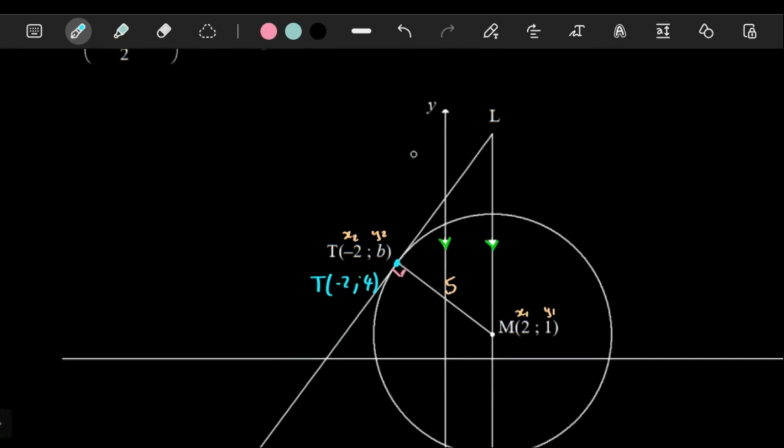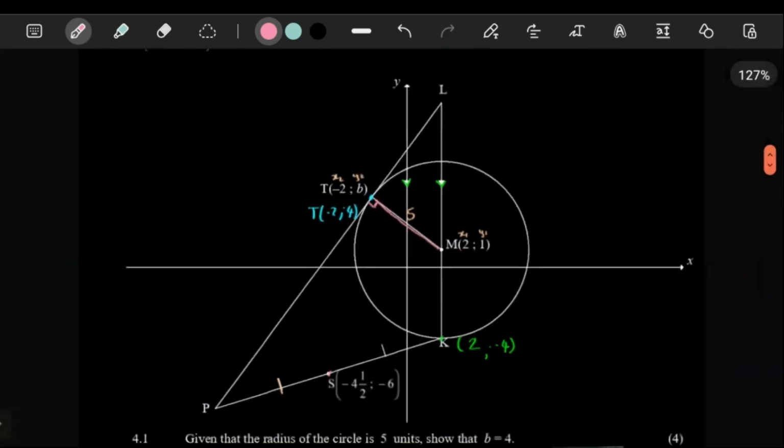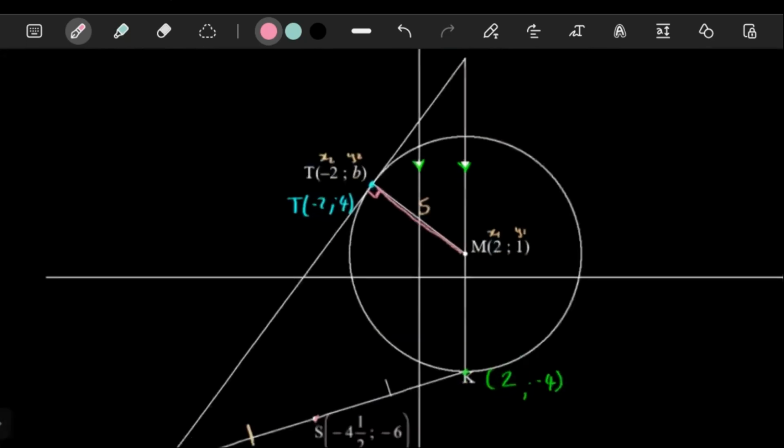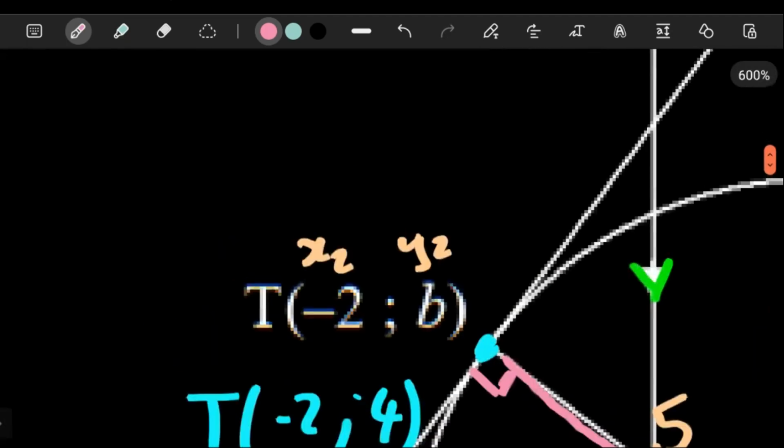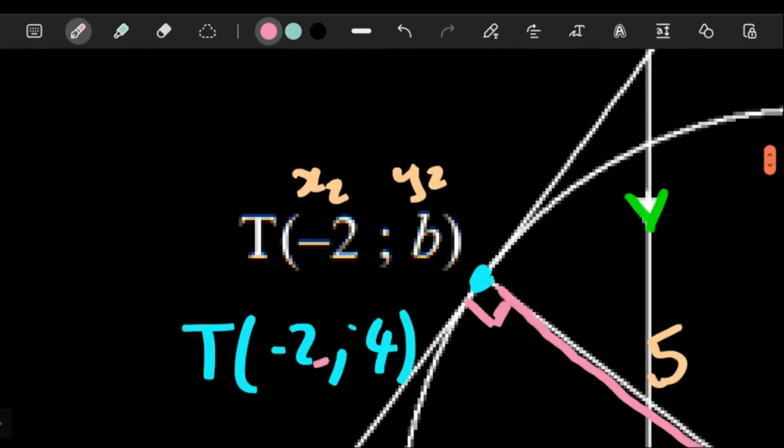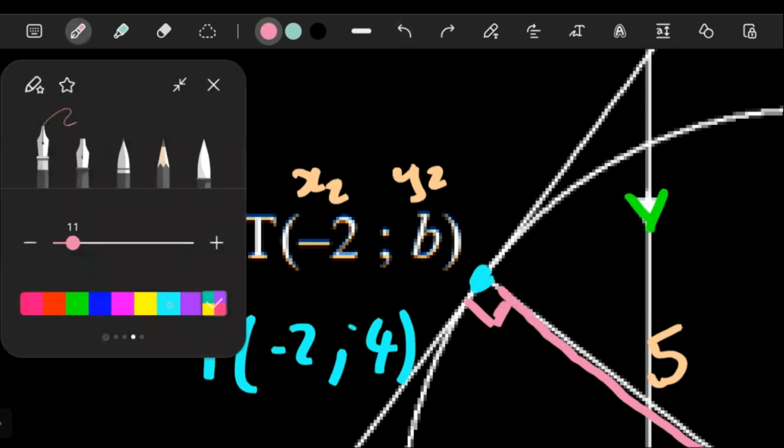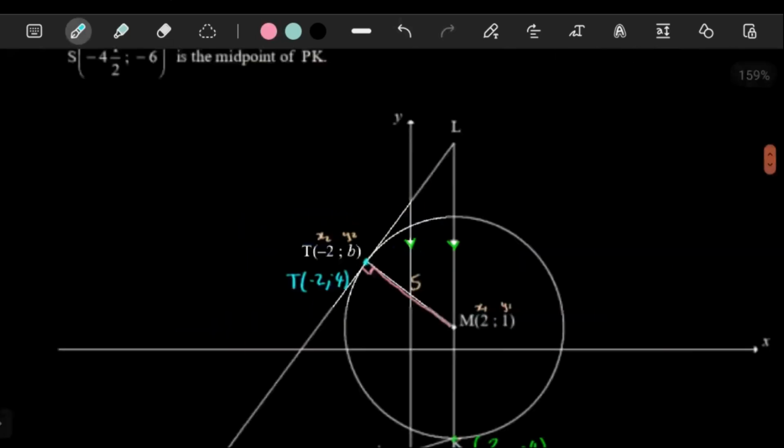We also have a line that is perpendicular to TM, so we can get the gradient of TM. That can help us get the gradient of LTP, and then we can throw in a coordinate that the line passes through, and we will be good to go.